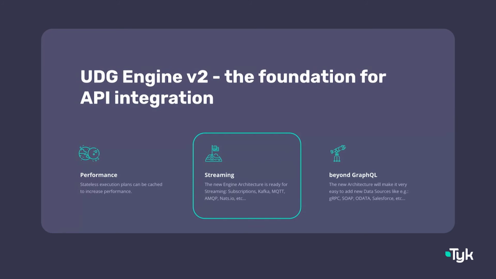So a few things changed with the new version of the engine. One is that we increased performance even further, because if you think about the execution of a GraphQL request, we now split the execution into different phases. One phase is, for example, the planning phase.